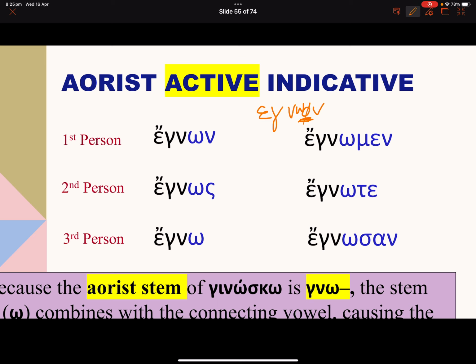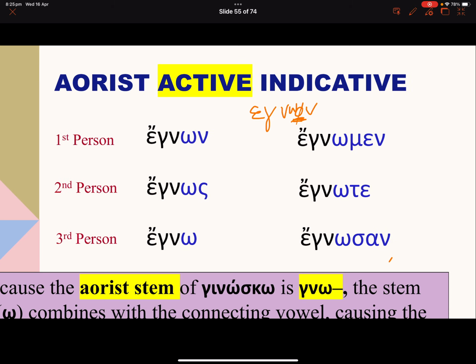So the rules of contraction apply here, which is why something like gnosko, when it moves into the aorist tense, actually looks slightly different. But all that's happening is we're getting contraction. So egenon, egenos, egeno, egenomen, egenote, egenosen.